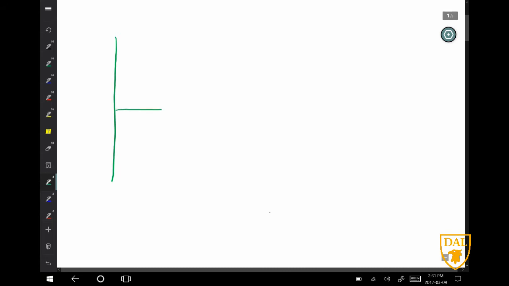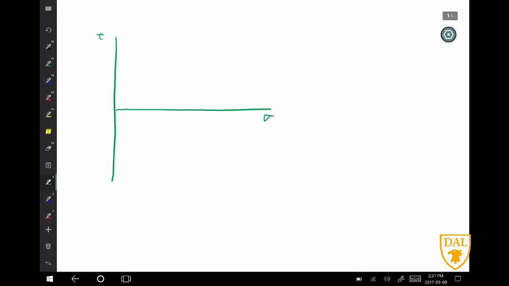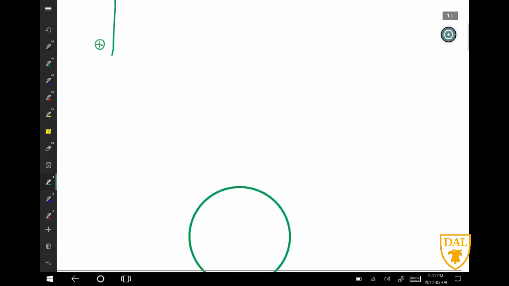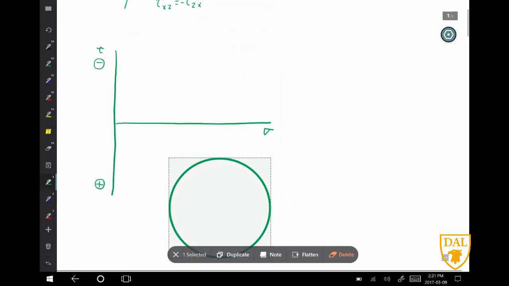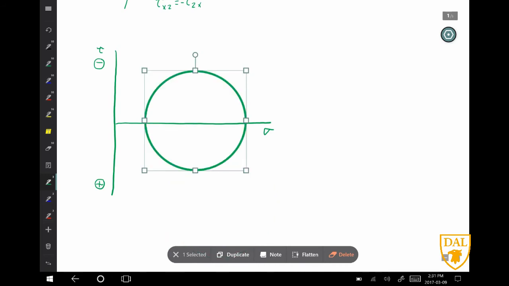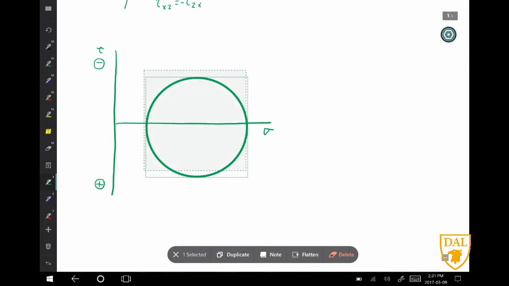In Mohr Circle space, we have tau and sigma axes, and those represent the stresses on any plane. The convention I use is that negative shear is the top part of the axis and positive is the bottom part. So that's a little bit different than you're used to seeing, but that's what I've been using and what your textbook recommends. So let's just bring a little circle in there, because it's far better than one that I could draw.